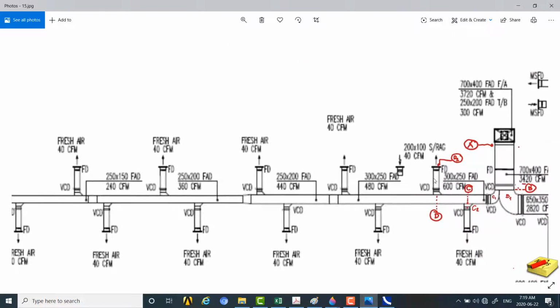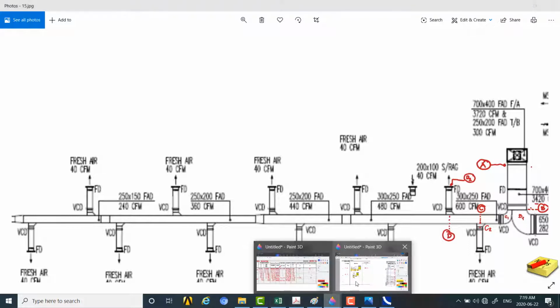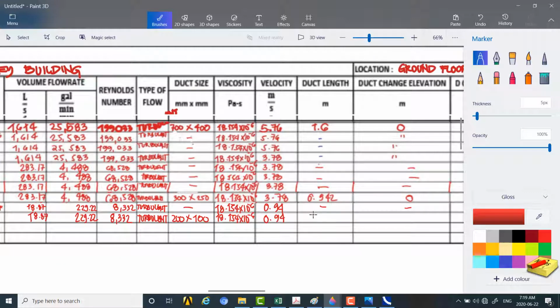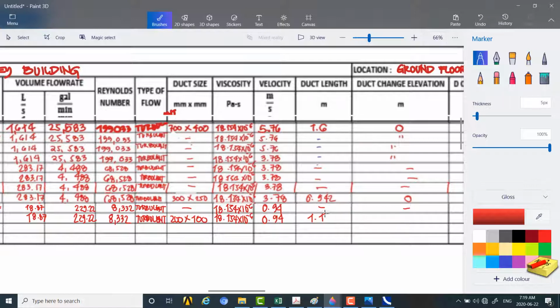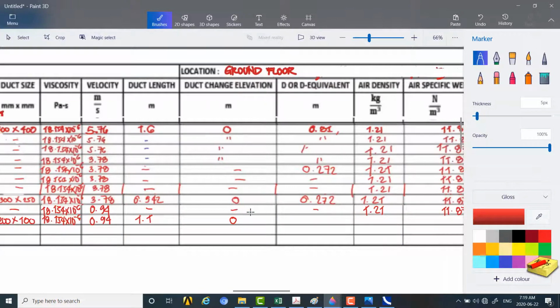Okay, so considering they are equal length, usually we just copy paste in CAD5, and we can put that one. So this will be the duct length, that will be 1.1 meter. Okay, change in elevation, so we have 0 since we have no elevation.